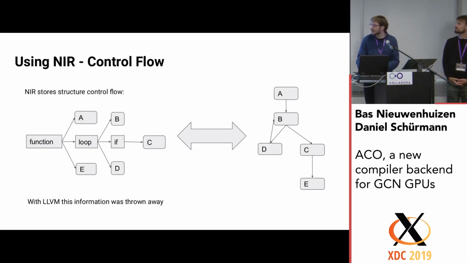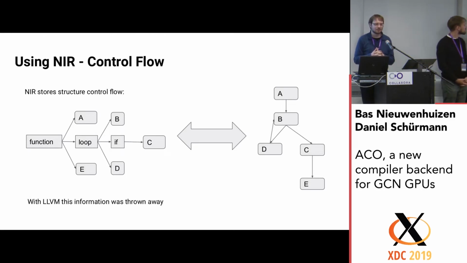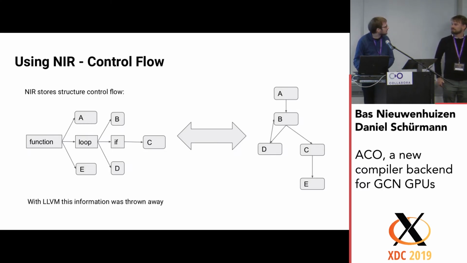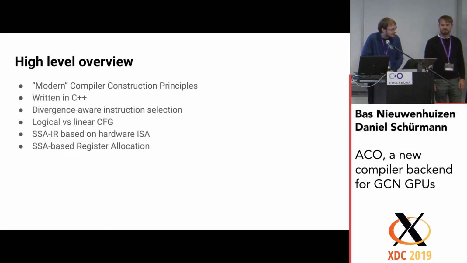With NIR, as on the left, it stores a graph of what my structured control flow is besides the control flow graph, and you can really use that to decide case by case how we want to lower this. And just not throwing that information away helps a lot. And that's it for my motivation for why to integrate better with NIR and why we thought it was a good idea. I'll let Daniel talk about the high-level overview of our new compiler backend.